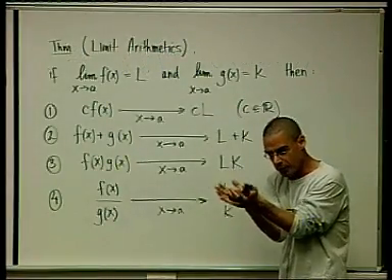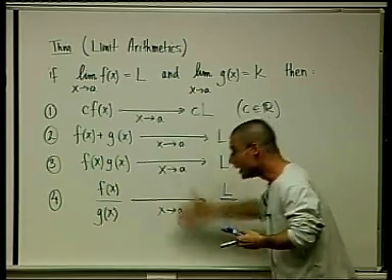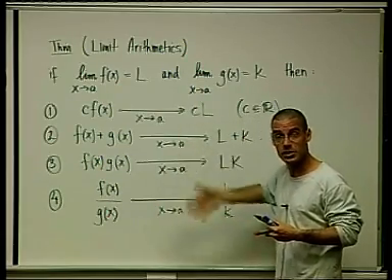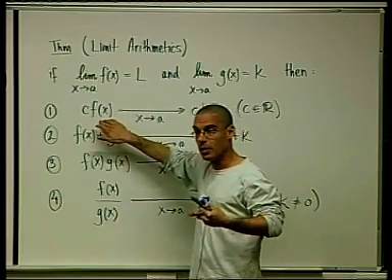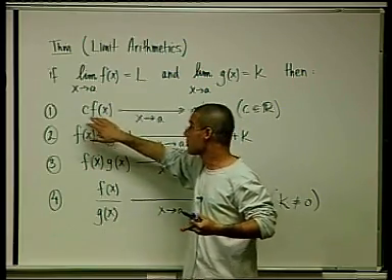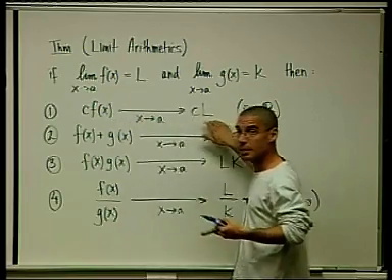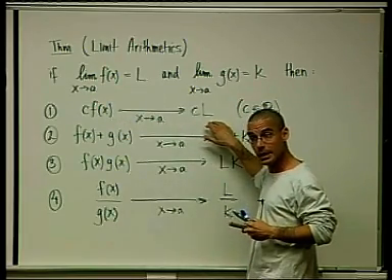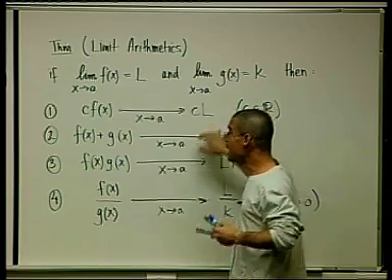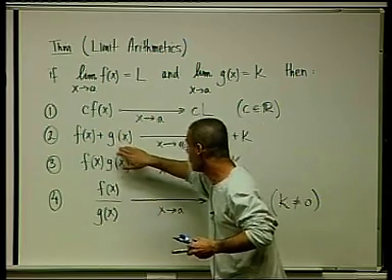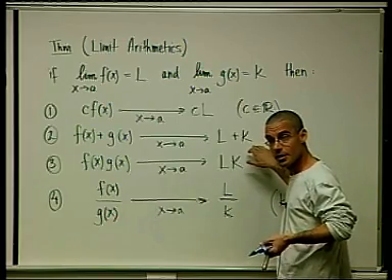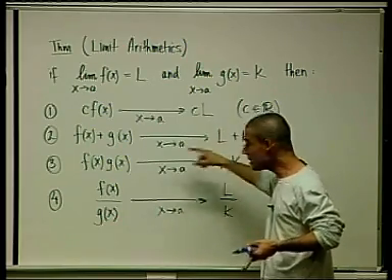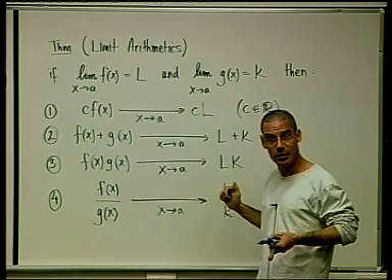I know this is trivial, but I'm trying to show you that this is what's hidden there. That's what's in the background. If our function is x, and x goes to 0, then 3 times x goes to 3 times 0, which is 0. Right? 3x plus 4 goes to 3 times 0 plus 4, which is 4. Do you see that? Do you see that there's limit arithmetics going on there?